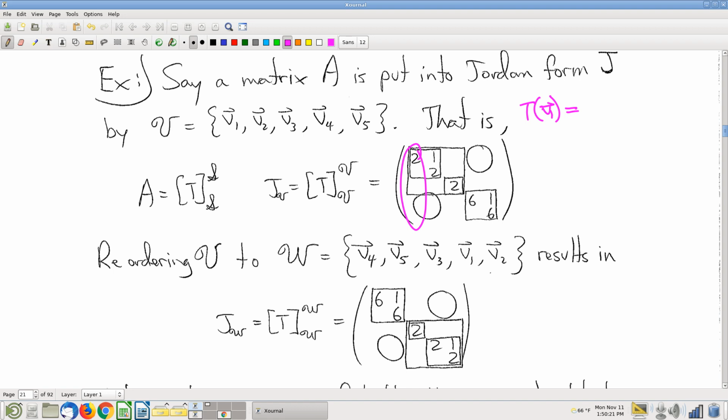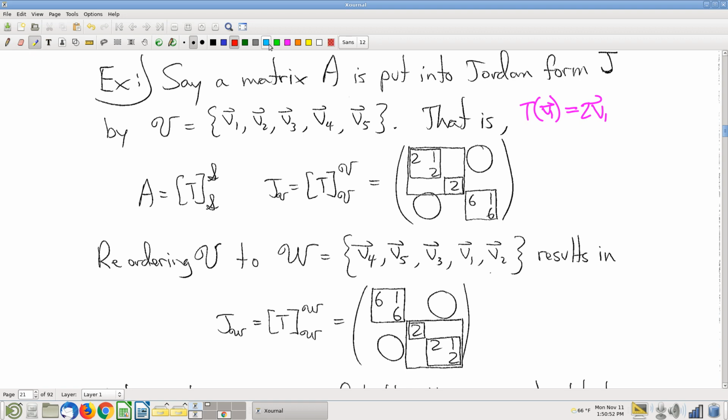It's that these are the coefficients of T of V1 with respect to that basis. So let's write that out. It's telling me that T of V1 is 2 V1 plus 0 V2 plus 0 V3, a bunch more zeros here. So let me just keep it compact. It's telling me 2 V1.